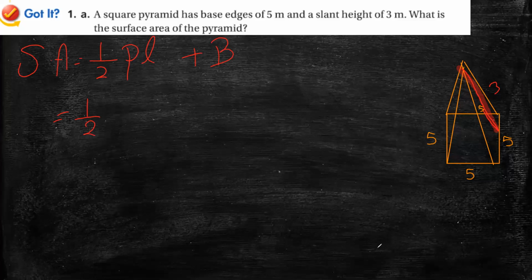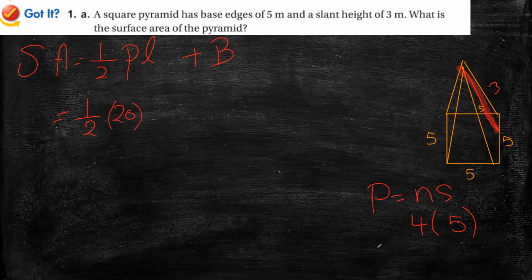Now, how can we find the perimeter of the square? It is a regular polygon, so it's n times s. Since we have 4 edges for the base, we say 4 times the length of any side, which is 5. So we say now it's 20 here, times the slant height, which is 3.